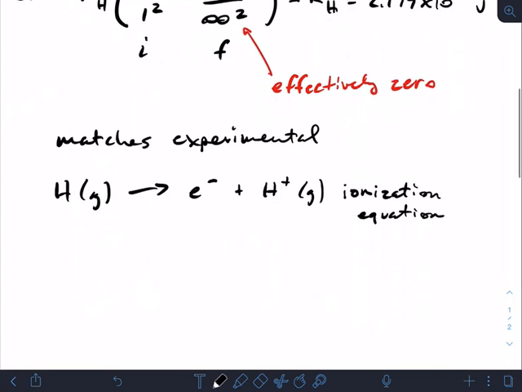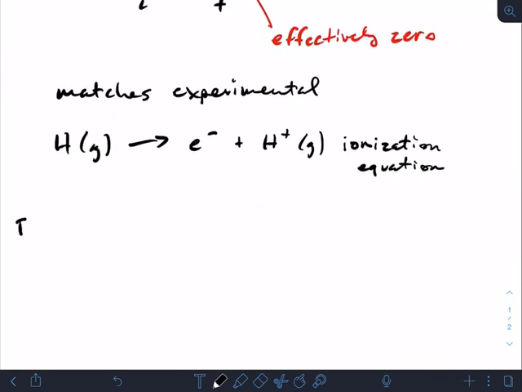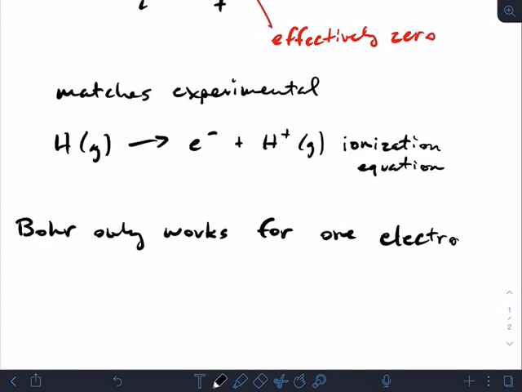And that pretty much does it for what we can do with the Bohr model, okay? Because the Bohr model only works for one-electron species, one-electron atoms. Okay, so things like hydrogen, lithium 2+, helium+, stuff like that.